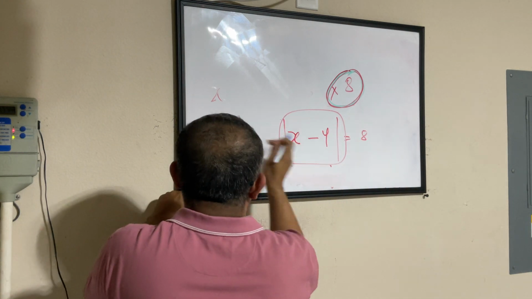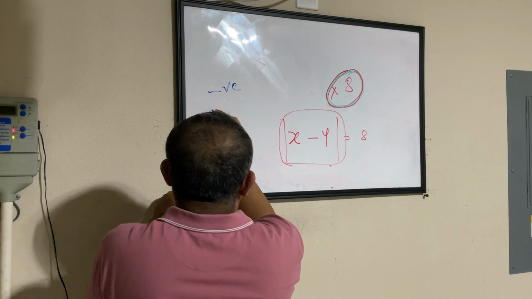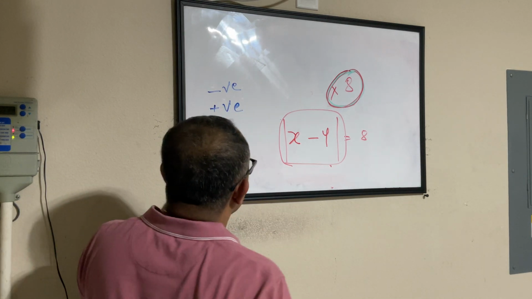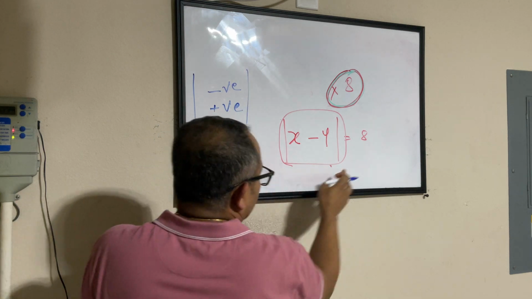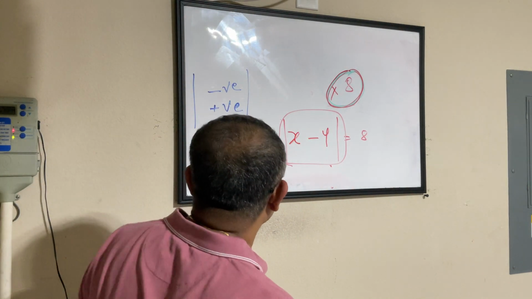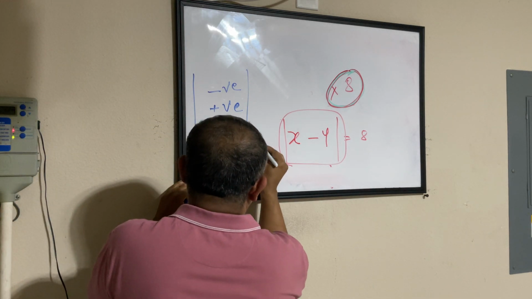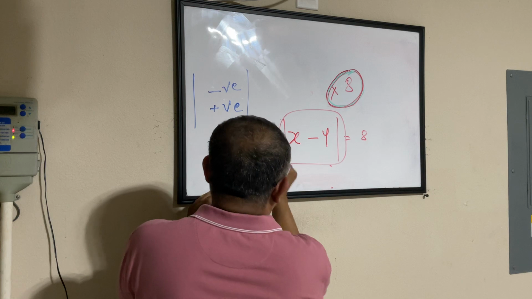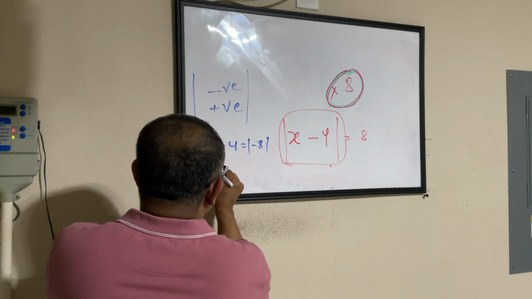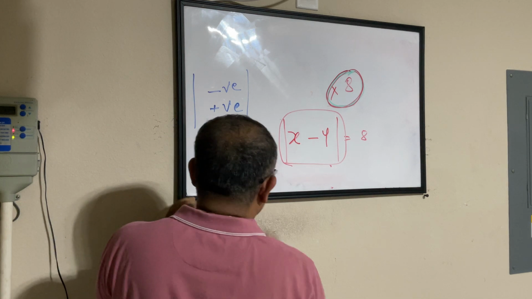One is a negative value and one is a positive value, and the mod of both gives me the absolute value. So here, when I'm looking at the negative value, I'm saying x minus 4 becomes minus 8 and the mod of it will give me 8, or x minus 4 equals 8.